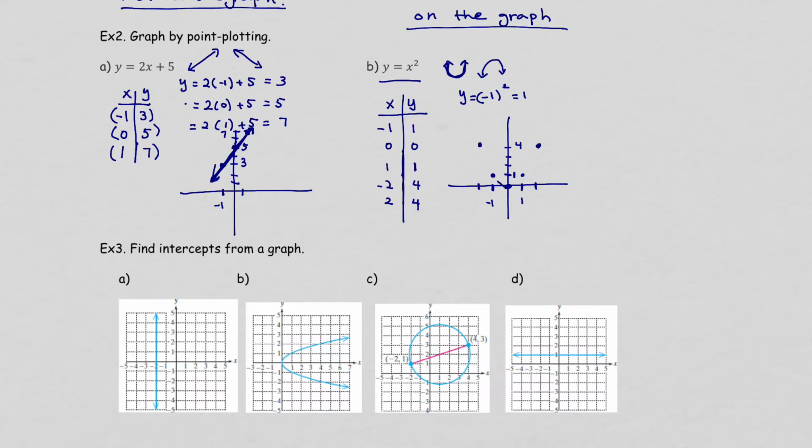So that's how you can see it's a little curvy, not a straight line. We call this a parabola, right? So that's how you're going to graph linear and quadratic equations by plotting the points, especially when it's basic.